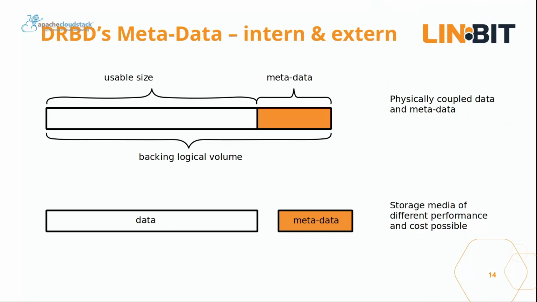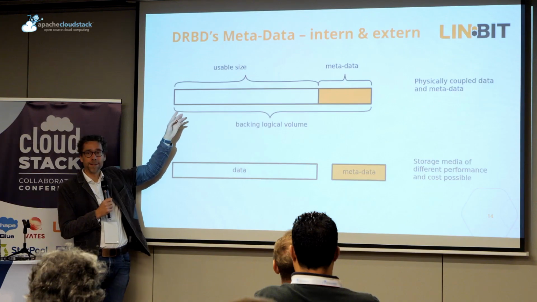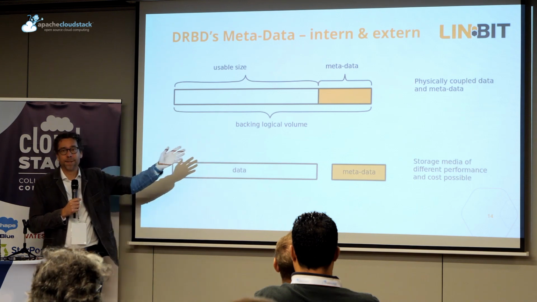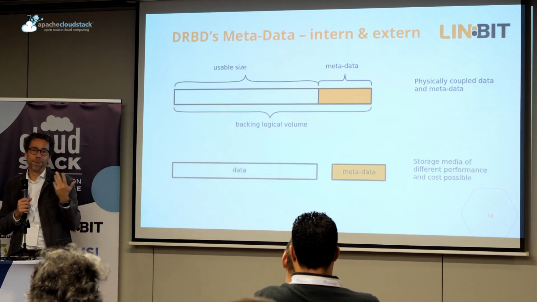And by the way, we put the metadata at the end. That has a nice advantage. If you try to mount this, let's say there's a file system on the volume, right? And if you completely remove DRBD from the picture, you still can mount this logic volume because the file system itself finds its own superblock. It just recognizes, oh, I'm not using the whole device, but that's not a problem.